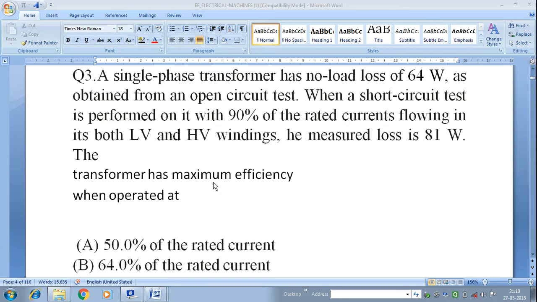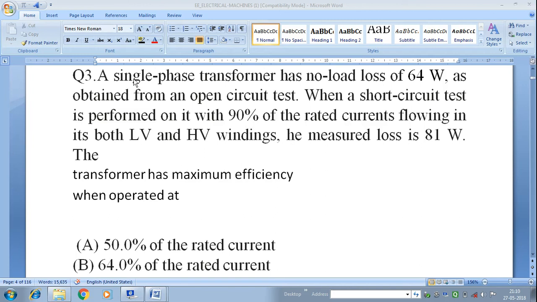The transformer has maximum efficiency when operated at... First, we should understand what your actual question is.